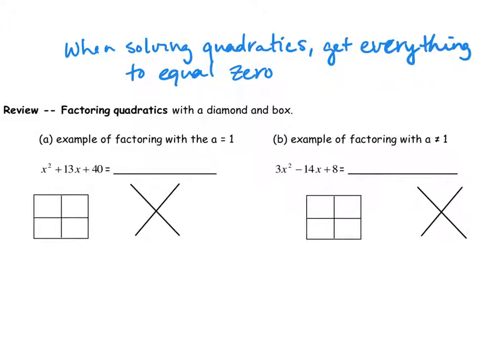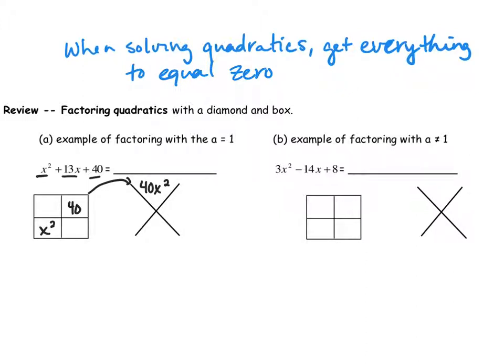Okay, so when I use the box and diamond, I start with my x squared in one corner, first term, and then my last term in the opposite corner. I'm going to multiply those two things. So this is going to give me 40x squared.